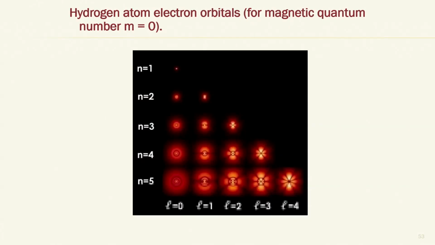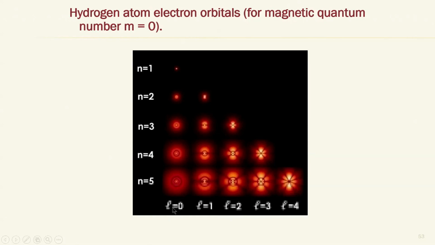Now, here is a picture of the hydrogen atom electron orbitals, for magnetic quantum number m is equal to 0. So, here again we have shown n is equal to 1, here I see only one orbit, n is equal to 2 means 2 are there, n is equal to 3, it is like this, n is equal to 4, you can make out, n is equal to 5.